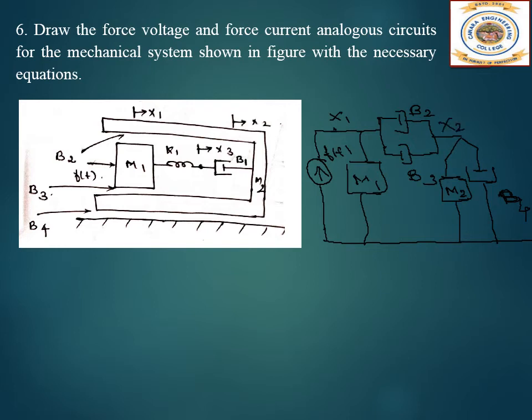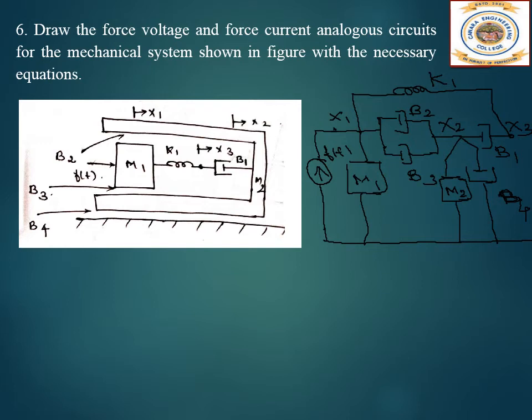Between x2 and x3 we have b1, and between x1 and x3 we have k1. So this is the equivalent mechanical network.